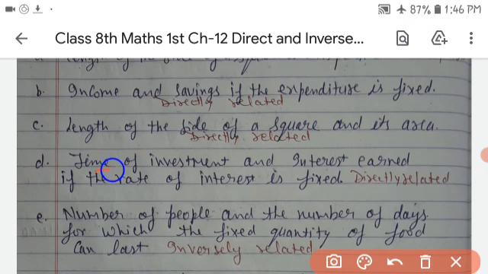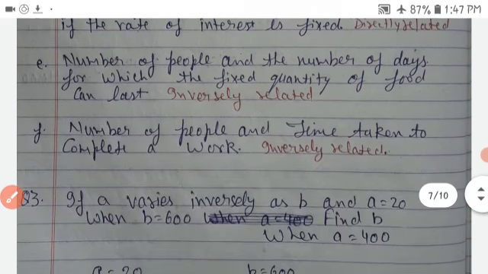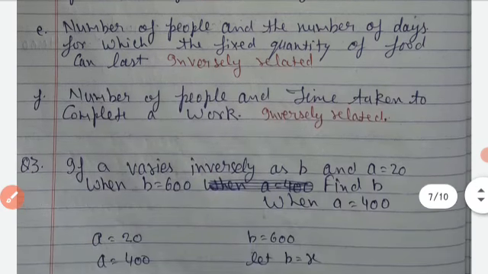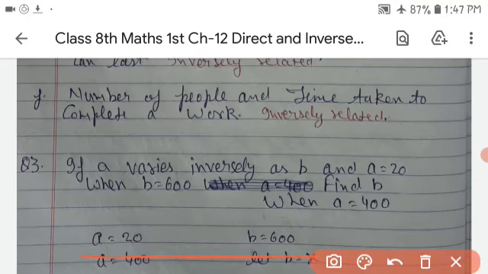Time of investment and interest earned if the rate of interest is fixed: also directly related. Number of people and the number of days for which a fixed quantity of food can last: inversely related. Number of people and time taken to complete a work: also inversely related.